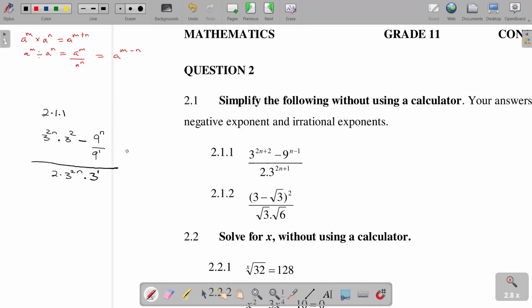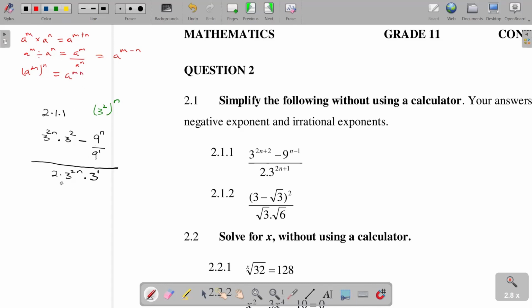Then we move to the next step. The 9 can be written as 3 squared, so 9 to the power n is 3 squared raised to the power n. There's a law that if we have a to the power m, then we raise it to the power n, we multiply the exponents to get a to the power mn.